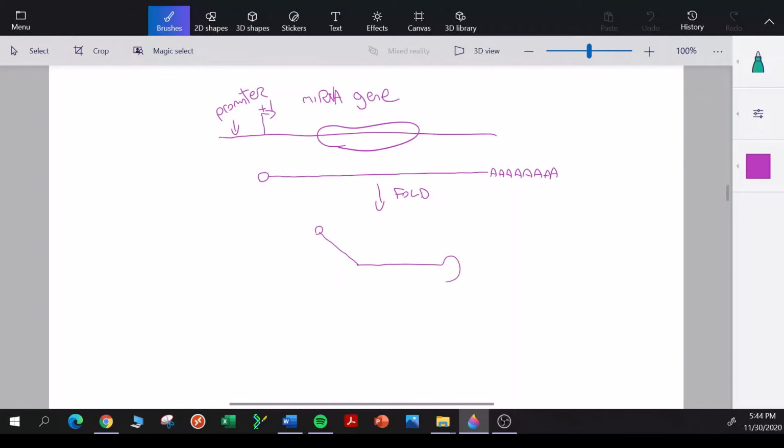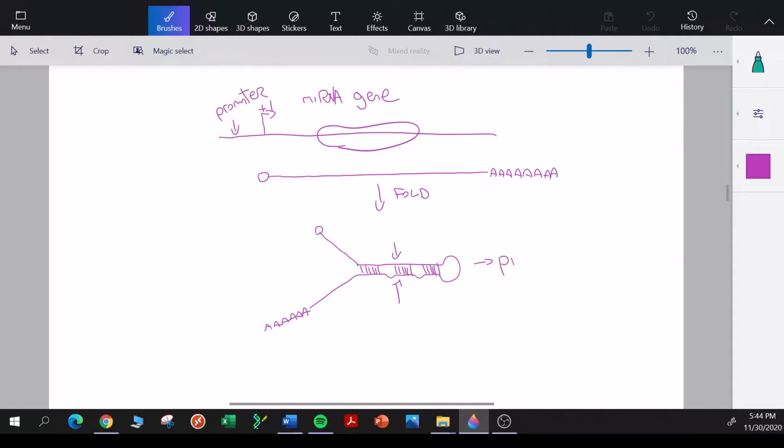So we're going to get this loop right here and this hairpin structure formed. And this forms because this sequence right here is going to be complementary to that sequence down here, and it's usually not perfectly complementary, but it's complementary enough to get a stable hairpin to form.